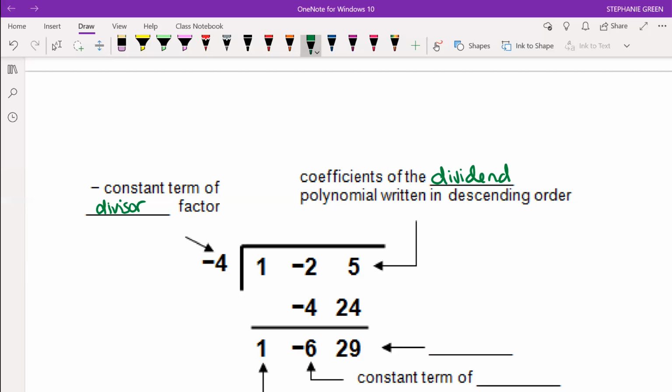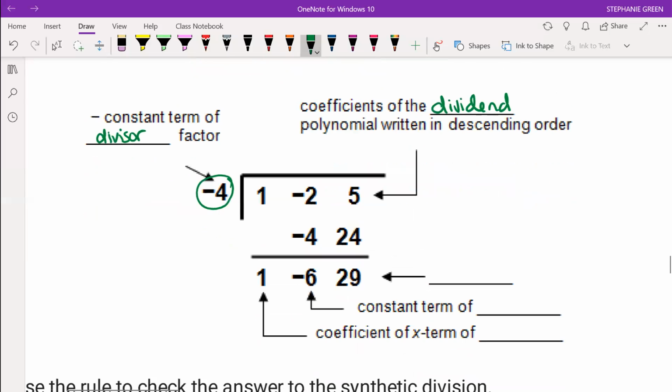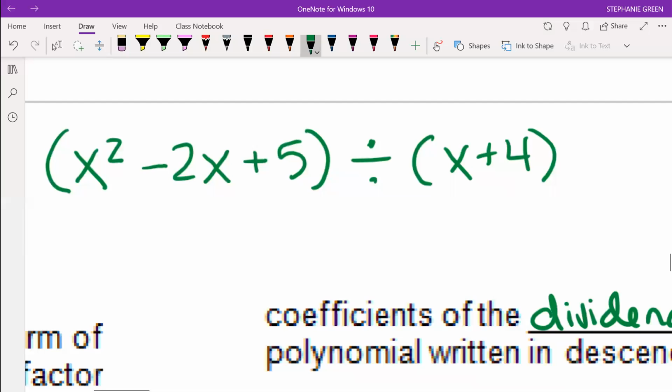So it'd be 1x squared minus 2x plus 5. And our divisor, we can see, since this is a -4, it means our divisor is x plus 4. So in this problem that we have written down here, we are performing this division.